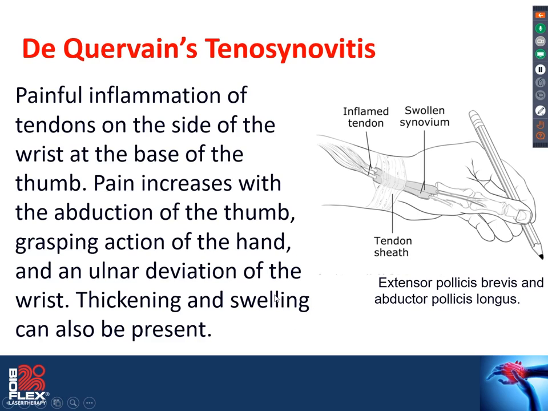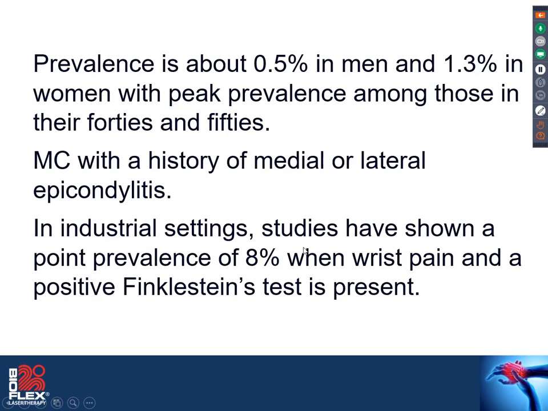So that anatomical snuff box. The prevalence is much higher in women. It's about twice as high in women compared to men. And again, a little bit more common once you get into your 40s and 50s as well. I mentioned this earlier that some conditions, including this one, have a higher prevalence and are more common when you have issues going on at the elbow, in this case with epicondylitis.